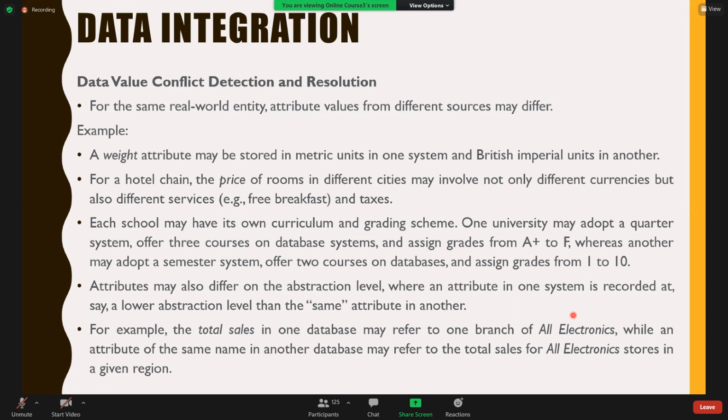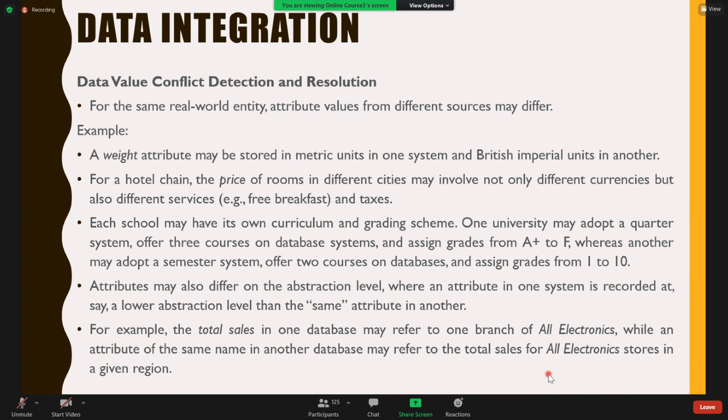The attribute name may be the same, but the values present in it may conflict with the other data source. So these are the different examples where data value conflict occurs.